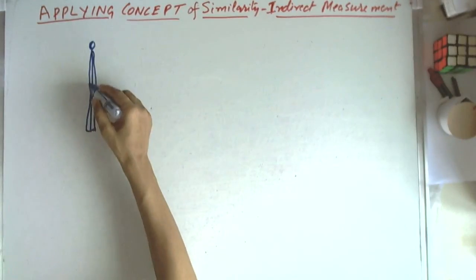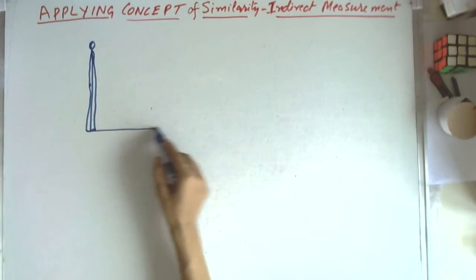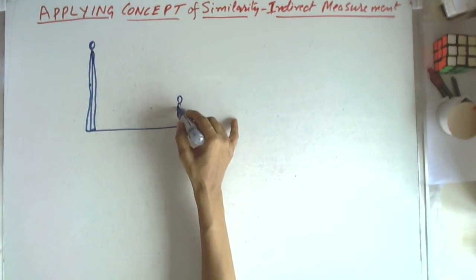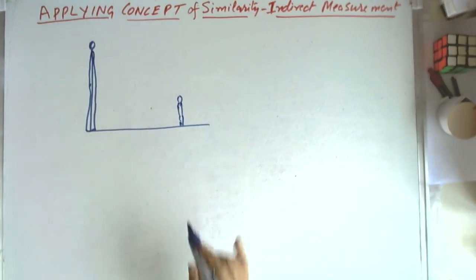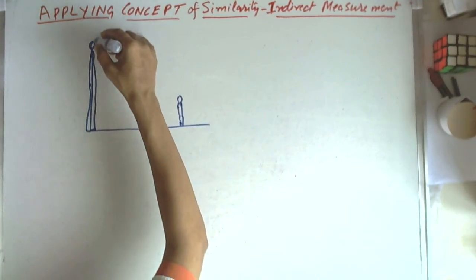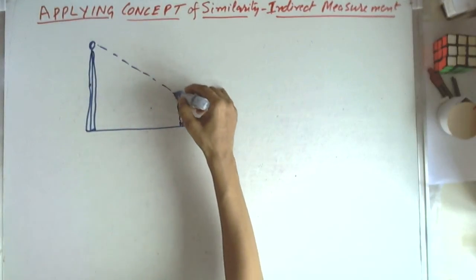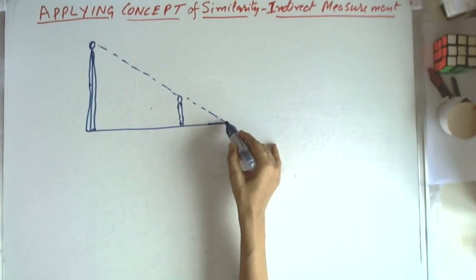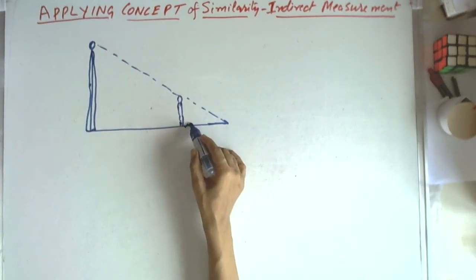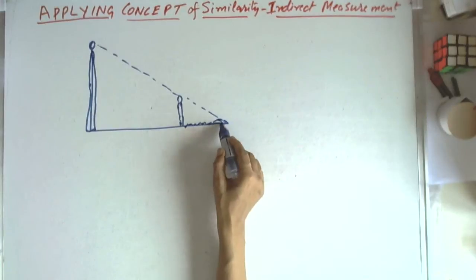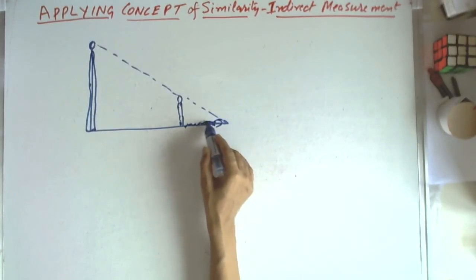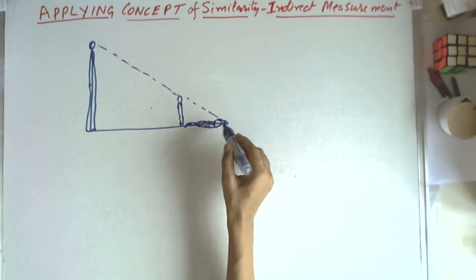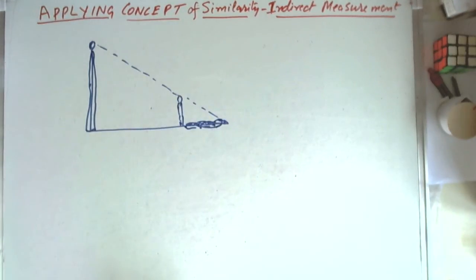There is a boy standing here, and there is a shadow of this boy which is here. So this is the shadow of the boy which we can see.